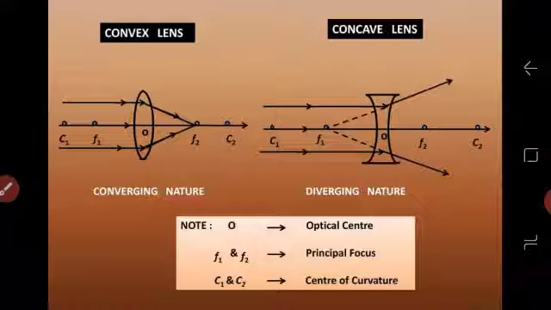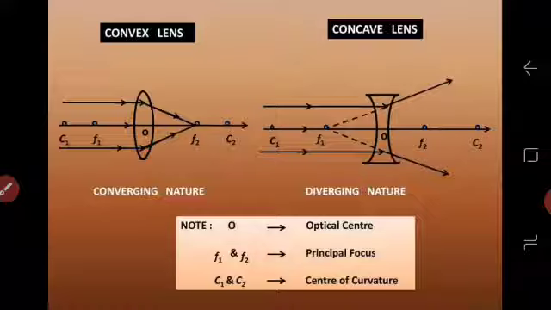Now, F1 is the focus of surface 1 and C1 is the center of curvature of surface 1. F2 and C2 are the focus and center of curvature for surface 2. Because there are two curved surfaces, in case of lenses we have two principal focus points, one on each side, and two centers of curvature, again one on each side of the lens.